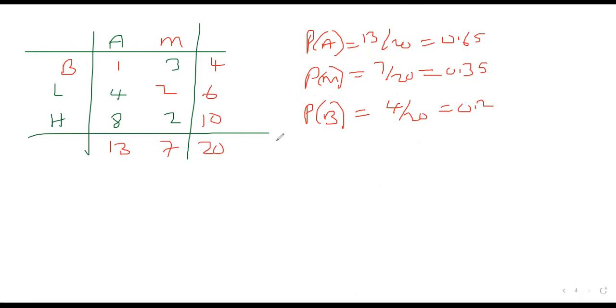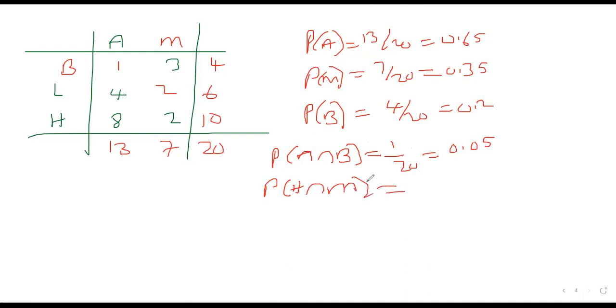Are you following? If they ask you what is the probability of A intersection B, you go where they meet, you draw a plus. A and B, they meet at 1. So 1 over 20, 0.05. Who wants to try the probability of H intersection M? They meet at 2 out of 20, 0.1.